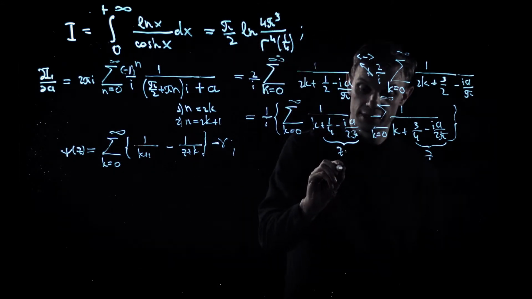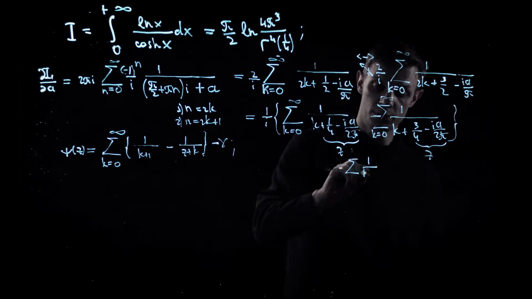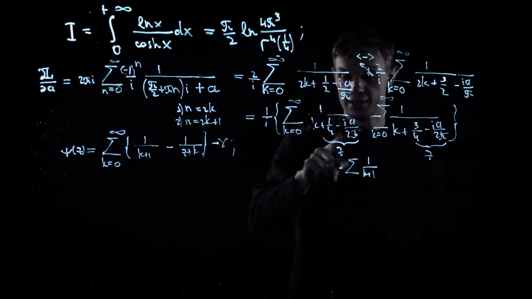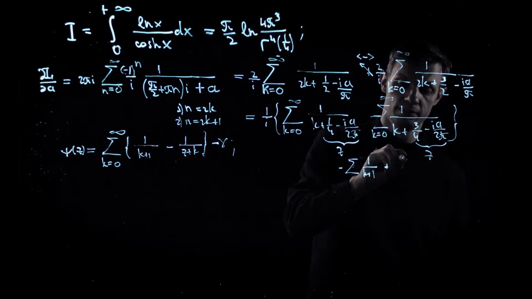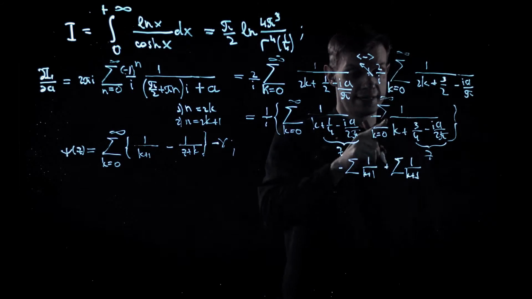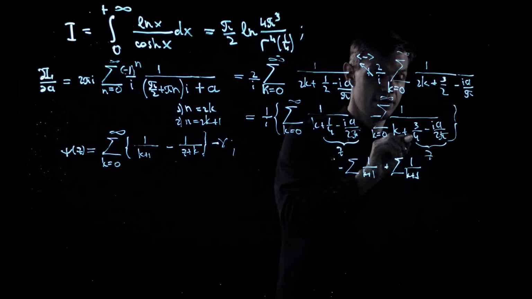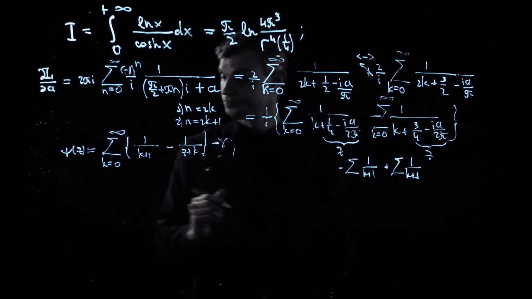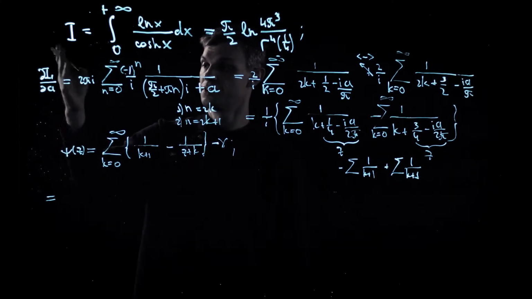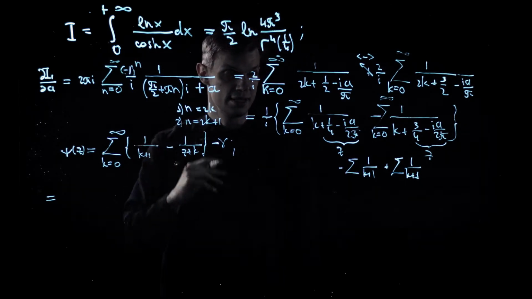Indeed, because we can subtract the suitable 1 over k plus 1 term and reduce the first term to the psi function of this argument, and we can add the same combination to group it with the second sum and end up with the digamma function of the second argument. And naturally, now our integral, or rather the derivative of the integral with respect to a, is reduced to the difference of two digamma functions.